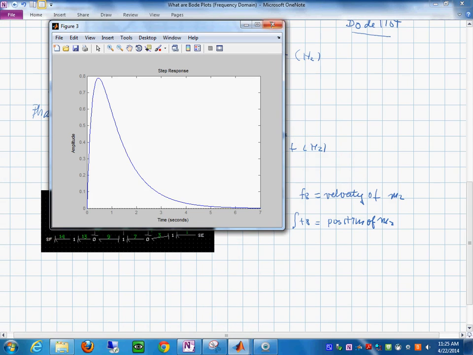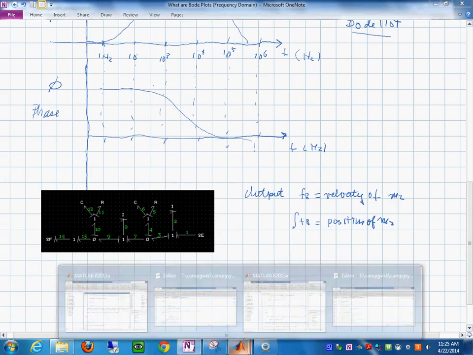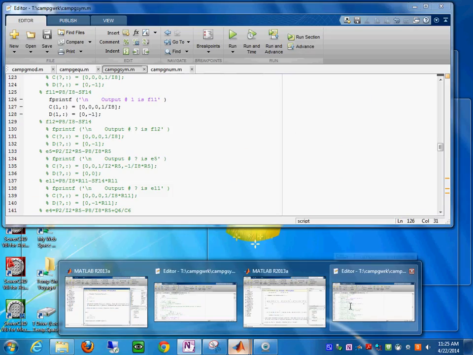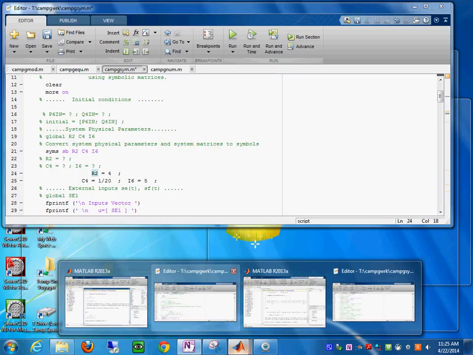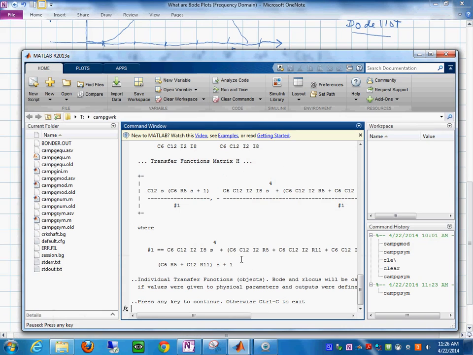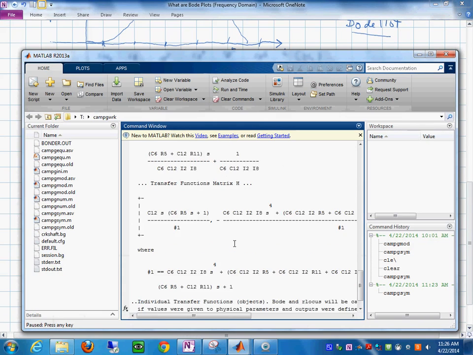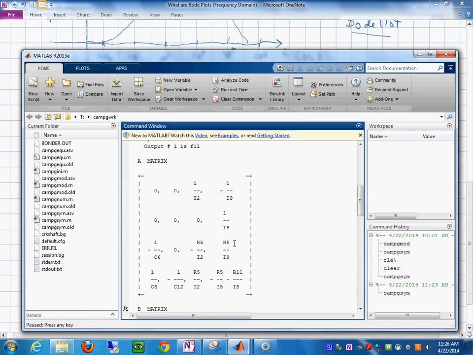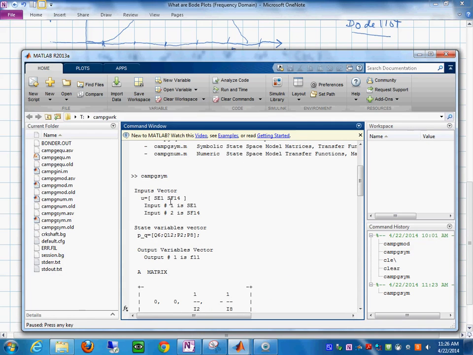It's telling us that, oh, hold on for a second, this was from a previous run. Where are we here? Right here, okay? In the inputs in here, it's telling you that the first input is SE1. So our transfer function in reality is in relationship to the first input, SF14 is the second one.